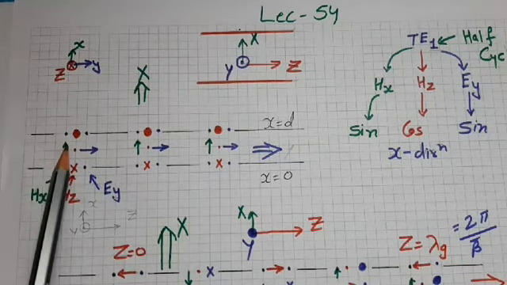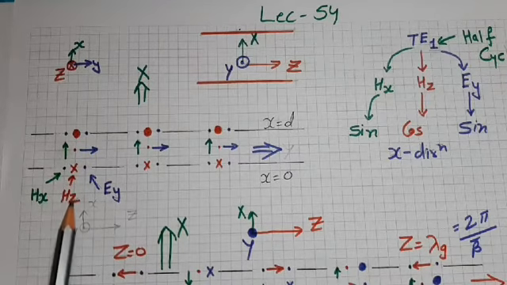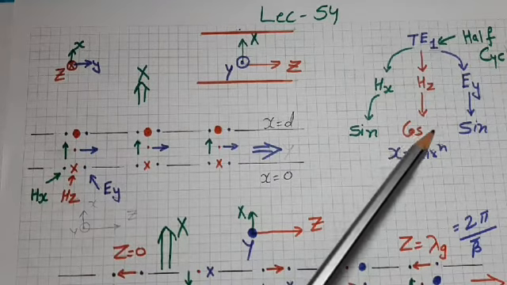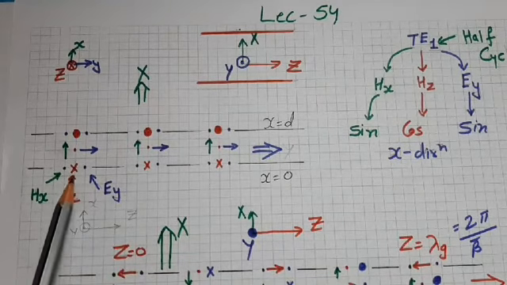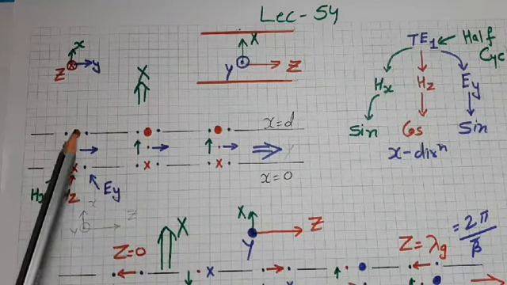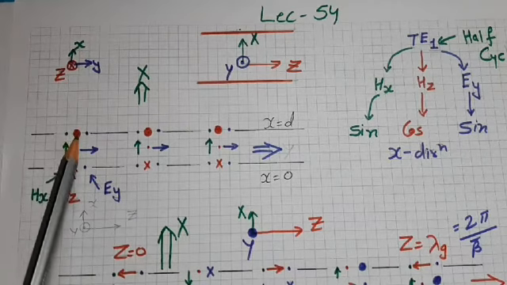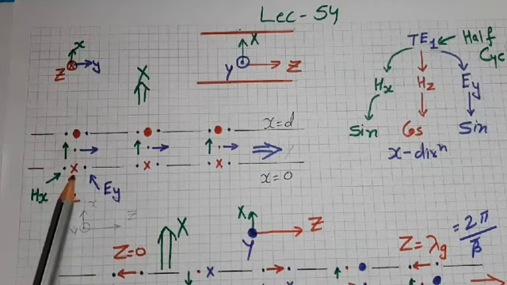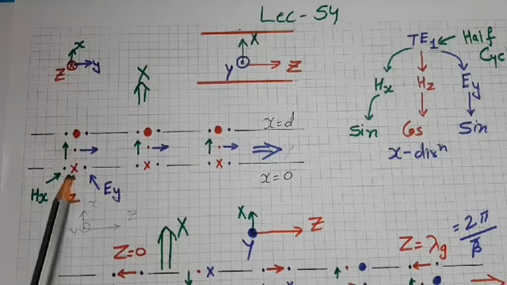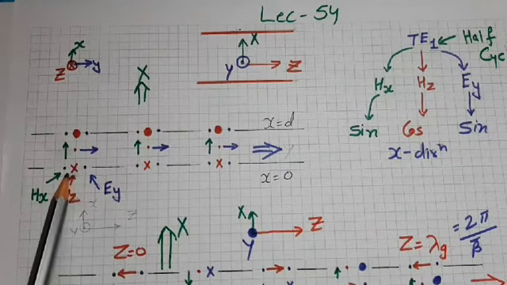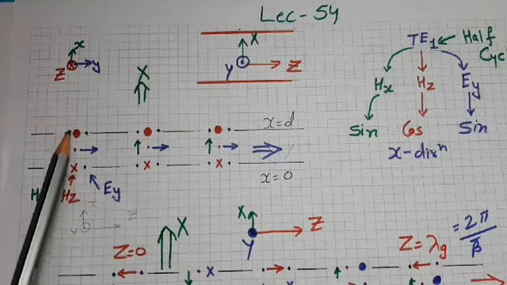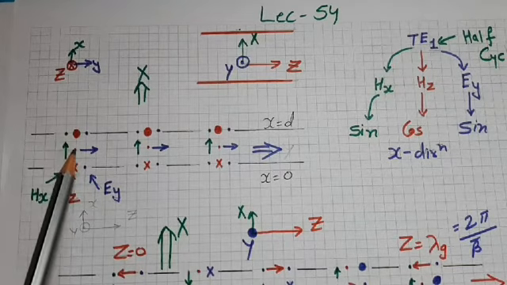After plotting Hx, now we draw Hz. As positive z direction is into the paper, the Hz field can be represented by a dot or cross. Dot would be used if the field is in negative z direction, and cross would be used if the field is in positive z direction. Because Hz is a cosine function, it would be maximum on the boundaries and 0 in the mid of the boundaries.